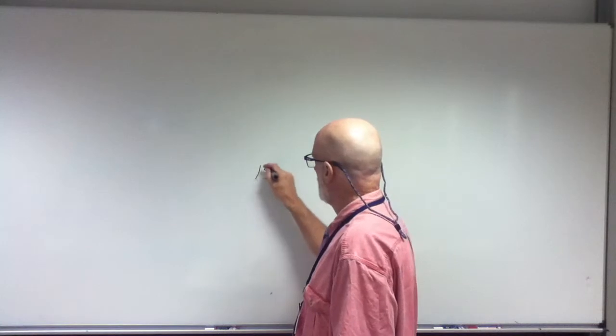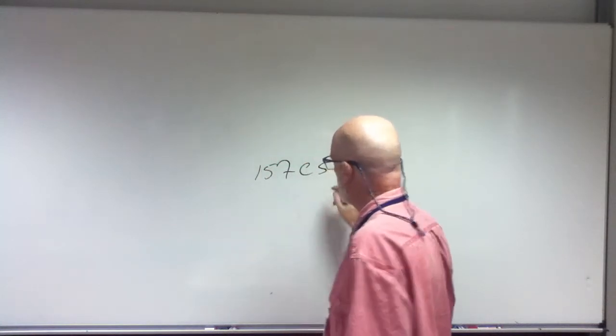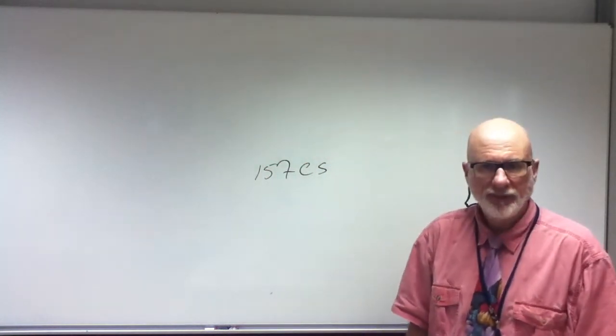Yes? Okay? So 157 centiseconds to seconds, right? Now, how many of the small guy is in the large guy? In other words, how many centis in a second?